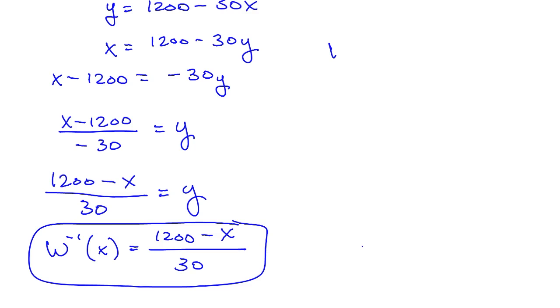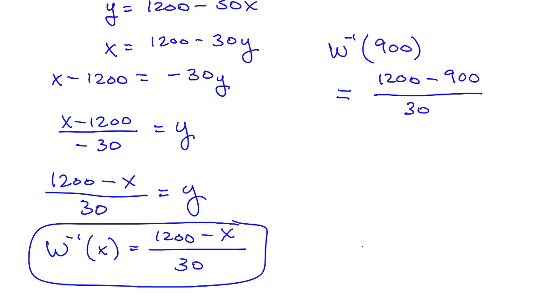Finally, we need to compute the value of W inverse of 900 and interpret. So we'll plug this into the W inverse function. So 1200 minus 900 divided by 30. So 300 divided by 30 is 10.